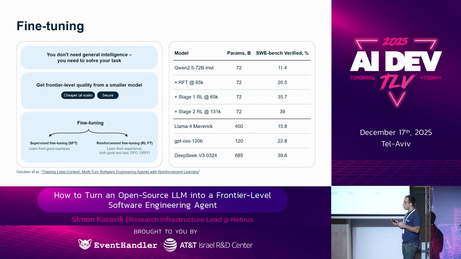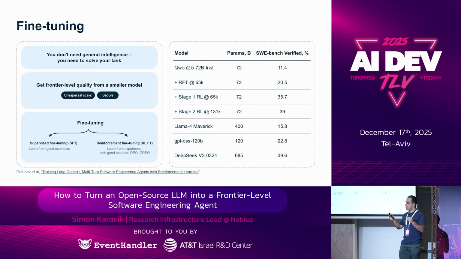And fine-tuning is a way to get a model tailored for your use case. And this model can be smaller. This model can be cheaper to run at scale. And also you can deploy this model securely in your own environment without any dependence on any external provider. Or even it can be an on-device model, as it was shared in the previous talk.